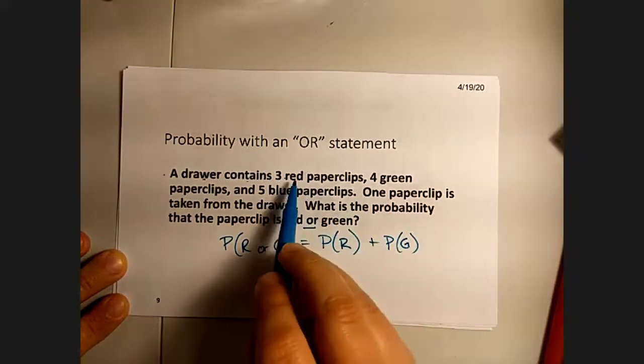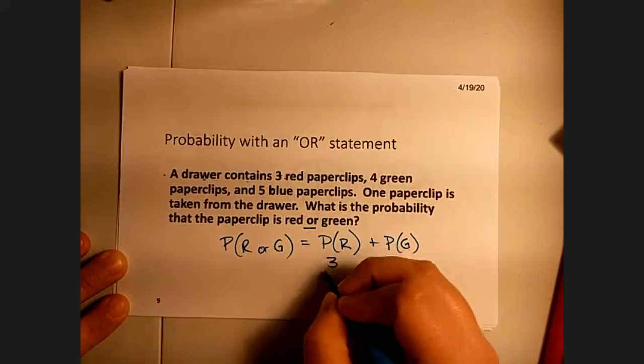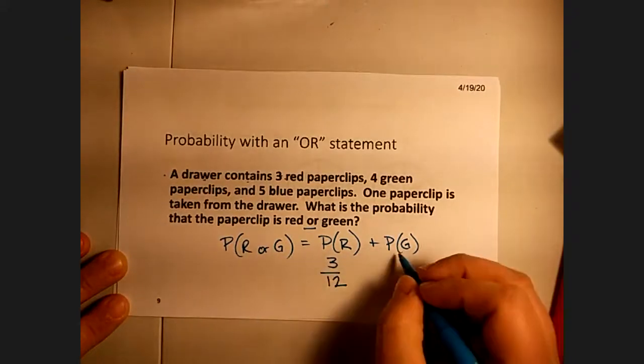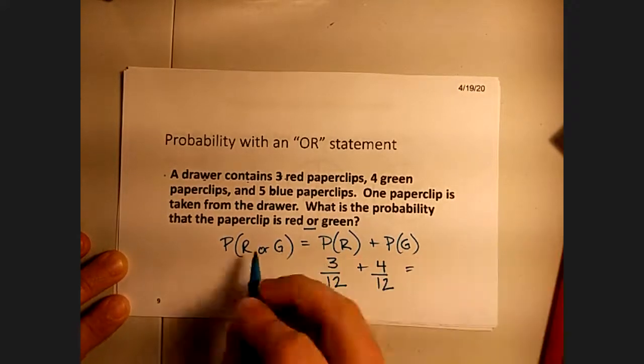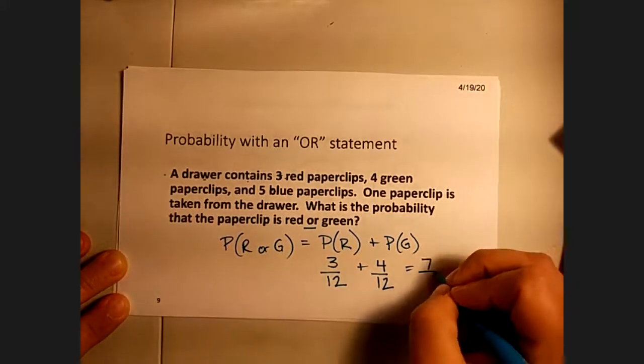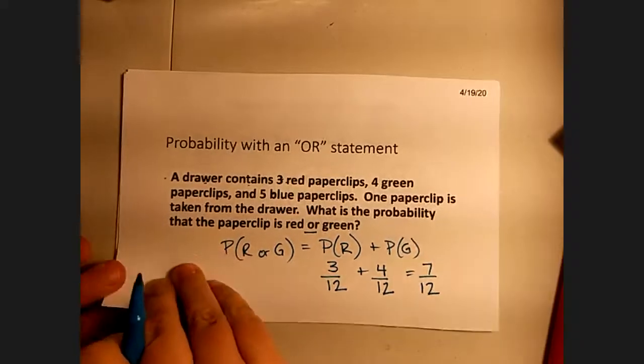With 12 in total, the probability that it's red is 3 out of 12, and the probability that it's green is 4 out of 12. That means the probability that it's red or green is simply 7 out of 12, those added together.